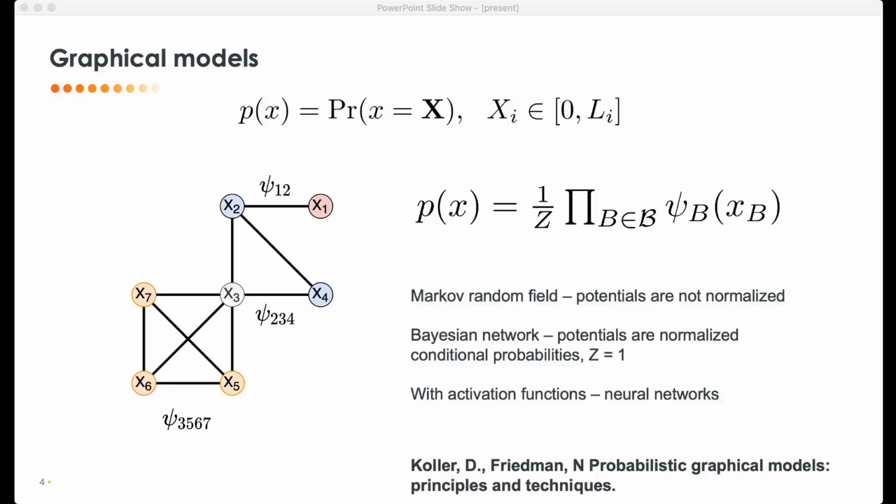I have to note that even neural networks can be treated as graphical models if you introduce nonlinear activation functions over groups of variables. A very good introduction into graphical models and different algorithms on them is this book of Koller and Friedman, Probabilistic Graphical Models, Principles and Techniques.